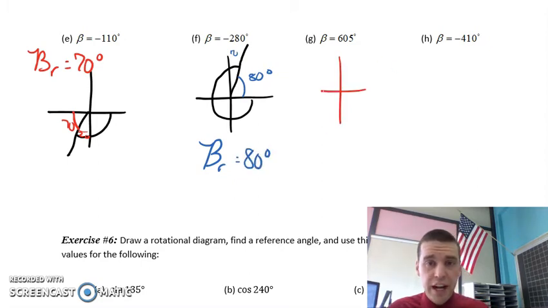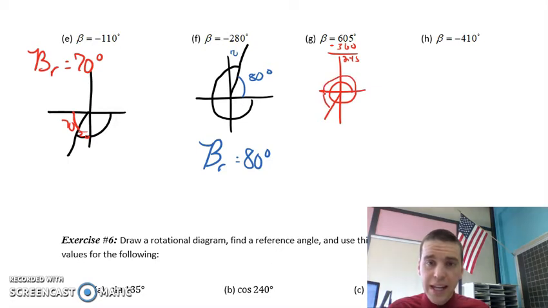For 605, we know that 605 is larger than 360, so we're going to go all the way around once. That's 360. We'll subtract there. It's 245. And we've got to go 245 degrees more. So 245, that's 180. 245 is right there. Well, we know if this was 180, draw it again.